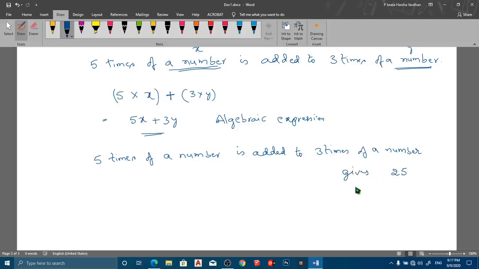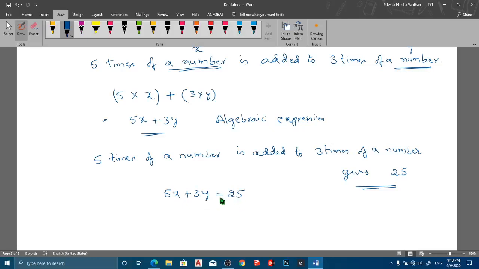These two words are extra in this. So up to here this is the same. So we can take it as 5 times of a number is added to 3 times of a number gives 25. How can you write this? Is equal to 25. So by adding these two terms, you will get 25 here.